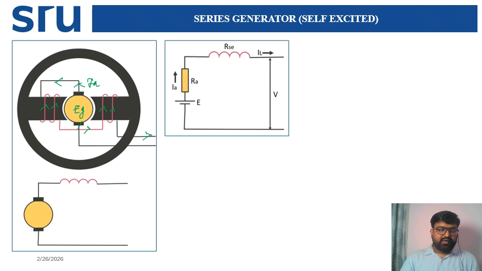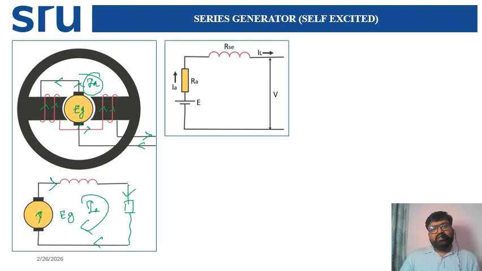If a load is connected, this is the incoming part. That means everywhere you are getting this armature current, and these values are not changed at all. If you connect the load here, and this is your generated EMF, the current goes inside and flows like this. Everywhere you are getting the IA current, right?